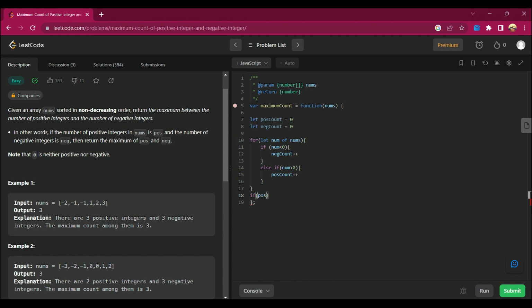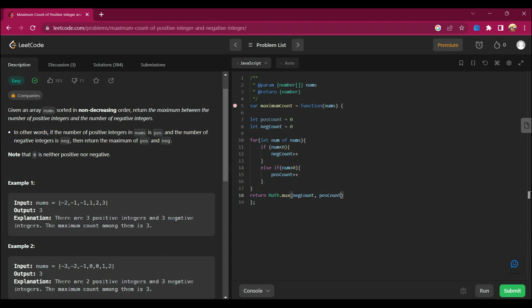We could say if posCount is greater than negCount, or else we can simply write return Math.max(negCount, posCount).